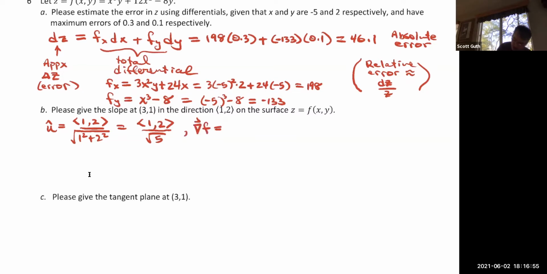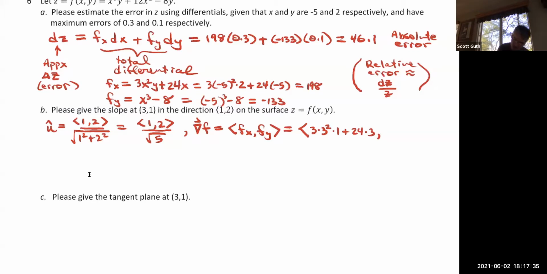We've done most of the work for the gradient. So the gradient of f is fx comma fy. We have to evaluate this at 3, 1. If I put in a 3 and a 1, fx gets 3 times 3 squared times 1, plus 24 times 3, because x is 3, comma, and then x to the third minus 8.